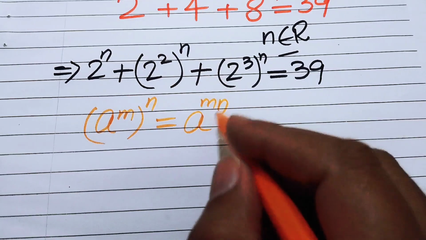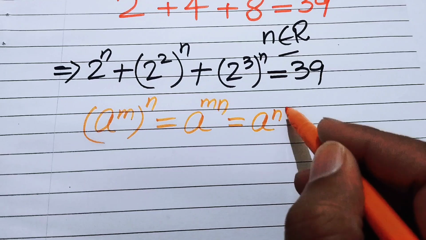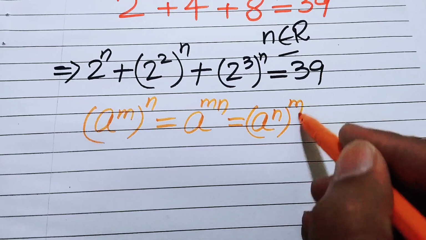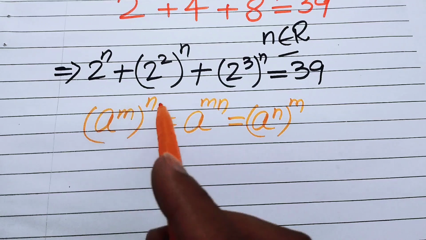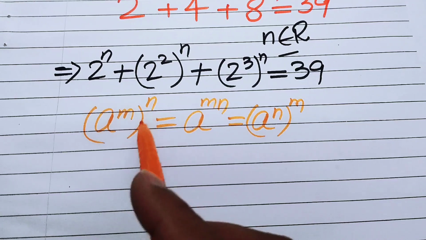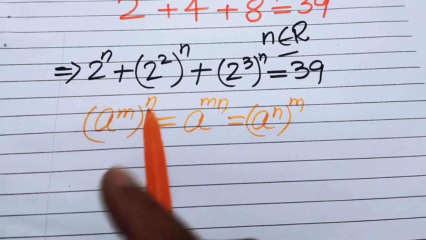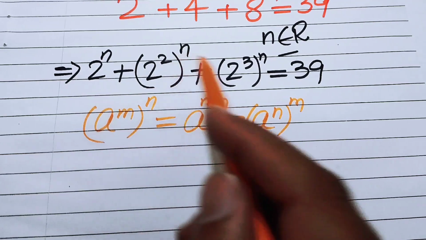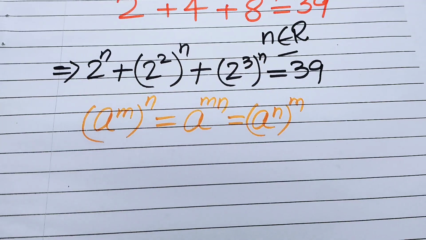You know that this expression also equals a to the power of n and its whole power m. It means that if we interchange these two exponents, it does not affect our final answer. So we need to just change these two exponents, and these two exponents as well.